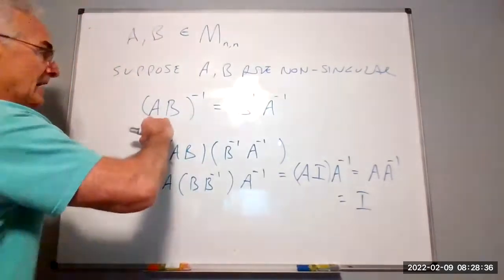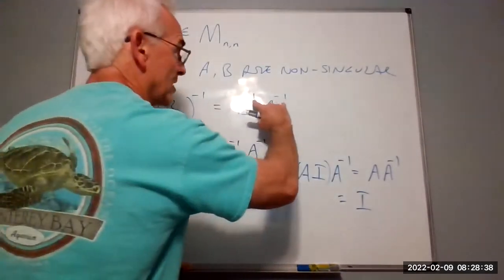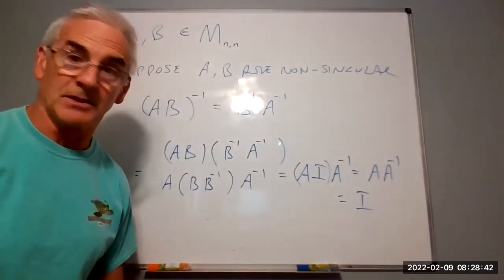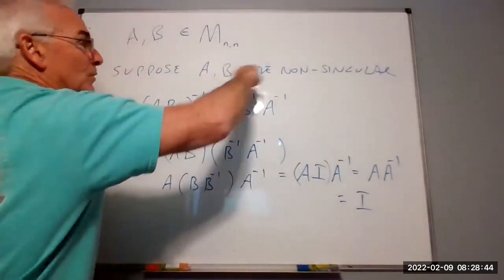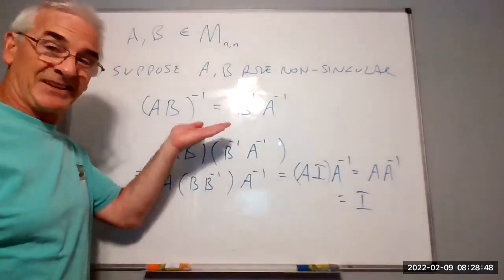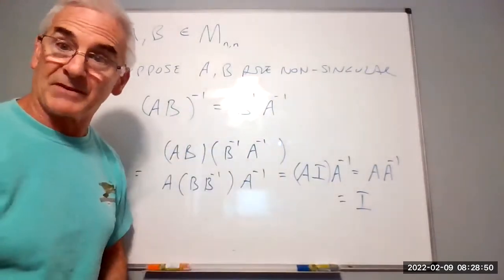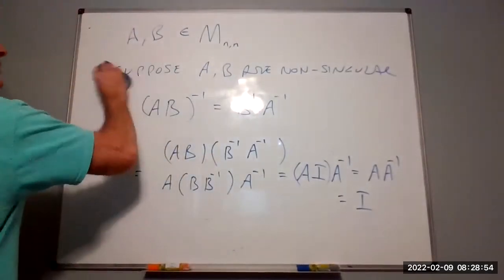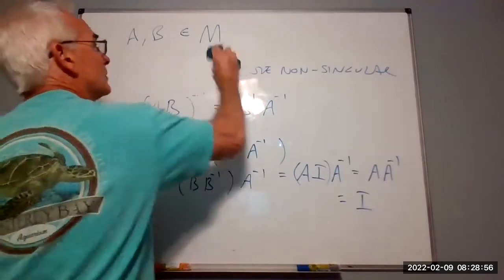If one of these is singular, then this is not possible because that would mean that I'm claiming both of their inverses exist. No. I started with both of their inverses existing. If one of them doesn't exist, then I can't do any of this process because I would have a singular matrix. Okay, so kind of a neat property of inverses in general.